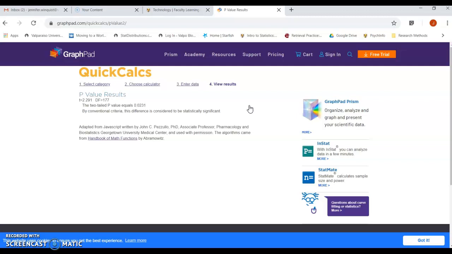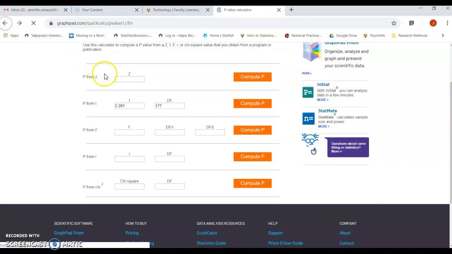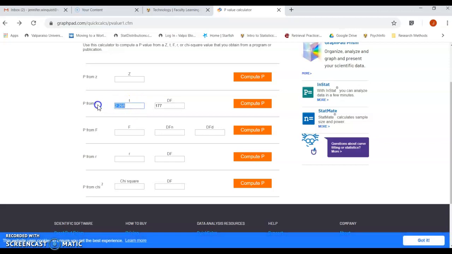So the probability that I would get a t of 2.291, or a more extreme t, if the null is true, is 0.0231. So it's very unlikely that the first comparison between groups 6 and 7 is due to sampling error.